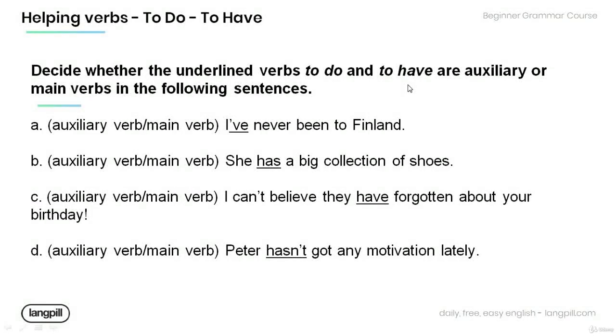And now, time for you to practice on your own. Read the following sentences and decide whether the underlined verbs to do and to have are auxiliary or main verbs in the sentence. A. I've never been to Finland.